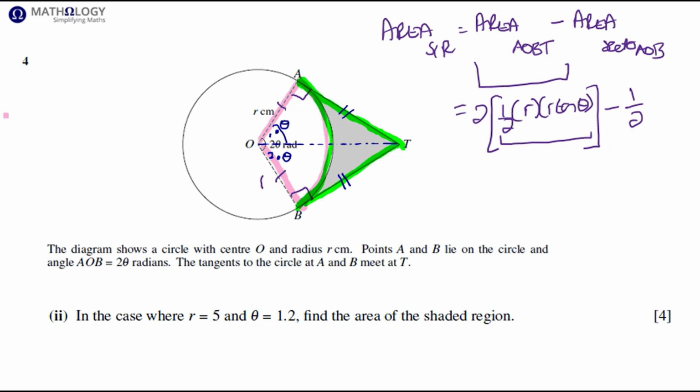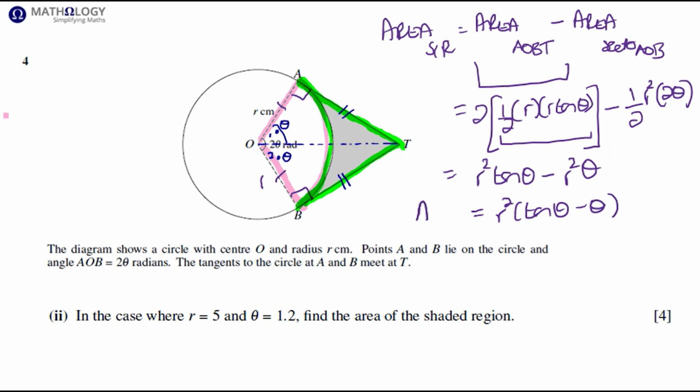In this case, the arc angle is 2 theta, so it's half r squared, and the arc angle is 2 theta. So that will give us 2 times a half, and then r squared tan theta minus r squared theta, and that will equal r squared times tan theta minus theta, and that's the area of the shaded region.